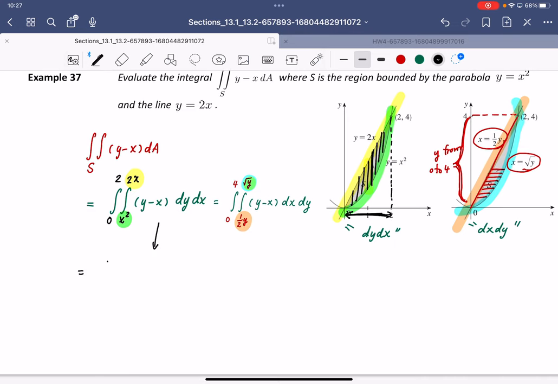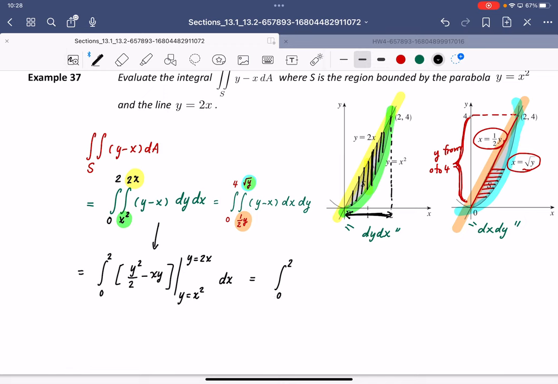So it's going to be the integral from 0 to 2. I integrate with respect to y, right? So I have y squared over 2 minus x times y. Because now I integrate with respect to y, I treat x as a constant, and y goes from x squared to 2x. And then you keep going.